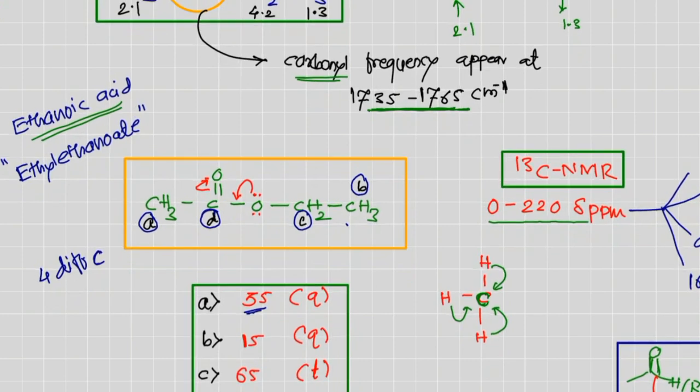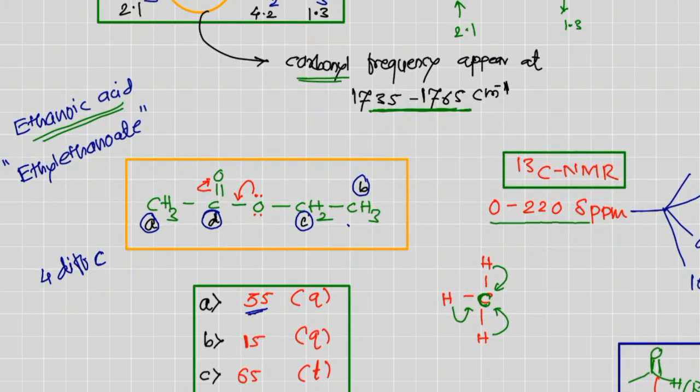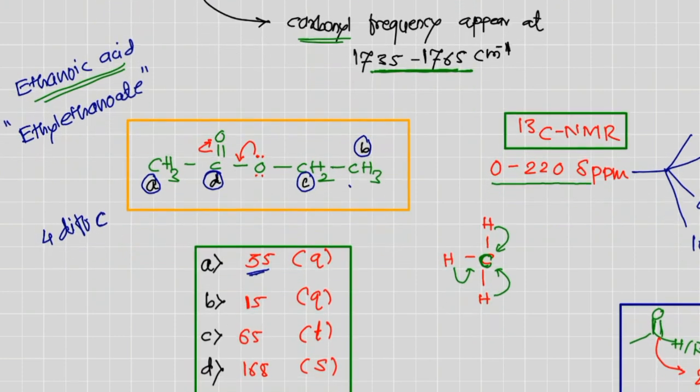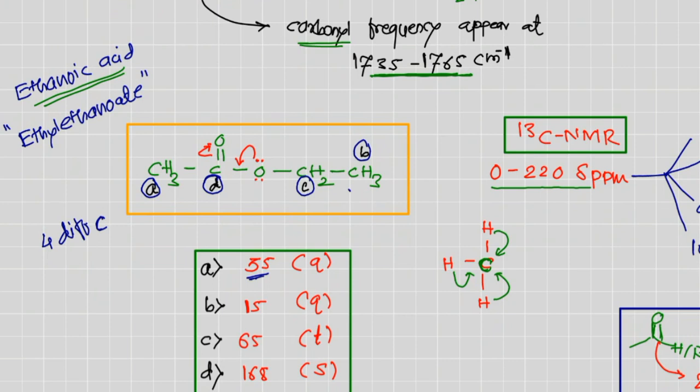What about signal B now? This methyl group is attached to CH2, so the value is expected to be 15, and again it is a quartet. That is the difference between signals A and B. Now see signal C. Signal C is directly attached to oxygen, so it must be electron deficient, with a minus effect going on the oxygen, which is why it appears at 65.